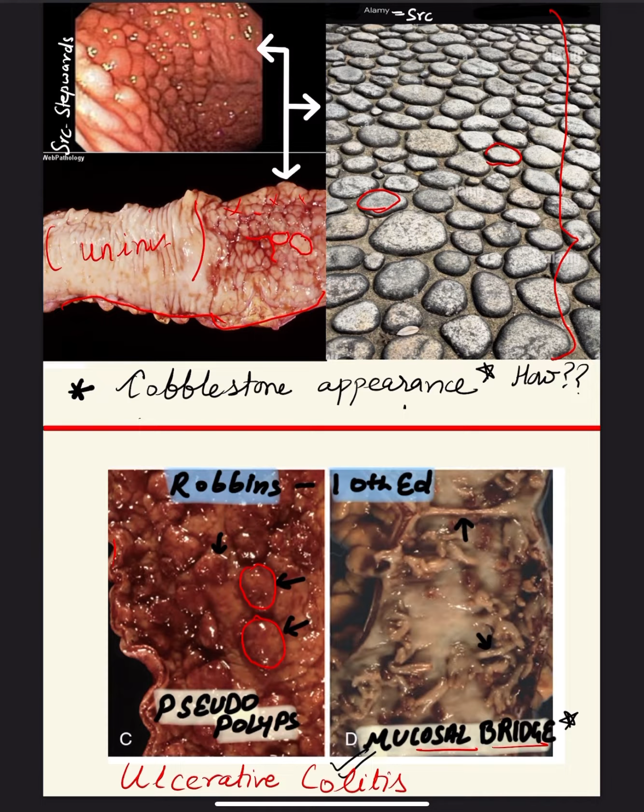We can see the mucosa over this pseudopolyp and this pseudopolyp joins together, forming the mucosal bridge. Mucosal bridge is a feature of ulcerative colitis. This again you should remember. Pseudopolyps and mucosal bridges are more seen in ulcerative colitis.